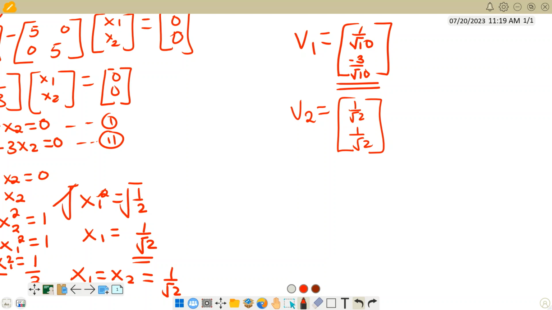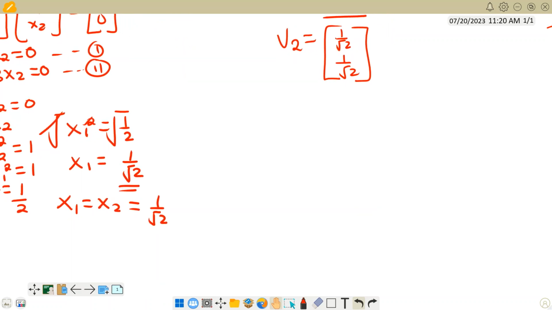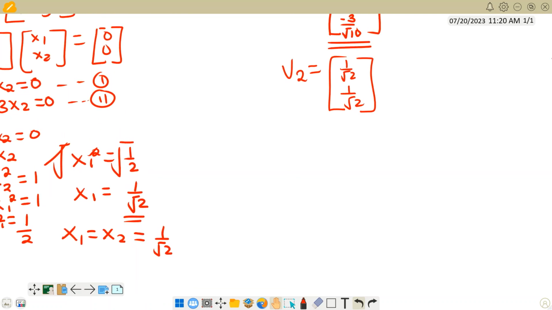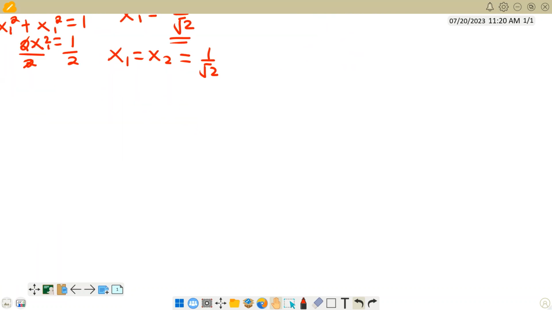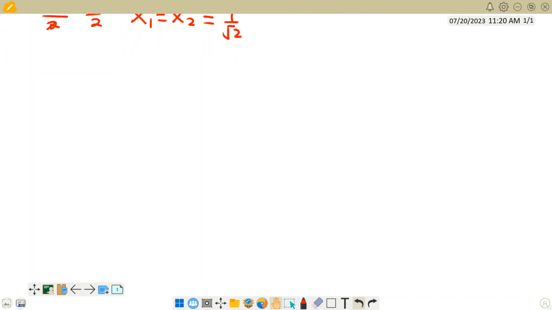So now we are dealing with diagonalization.